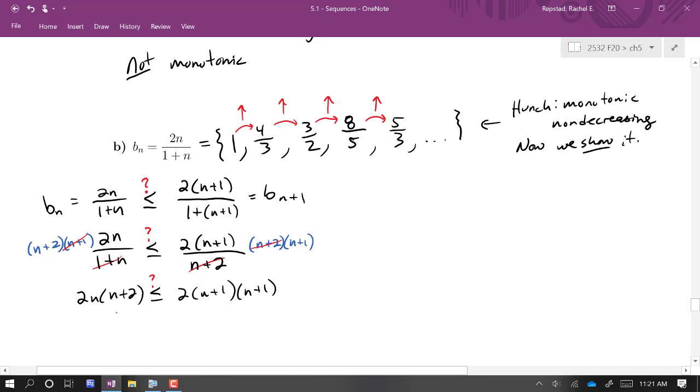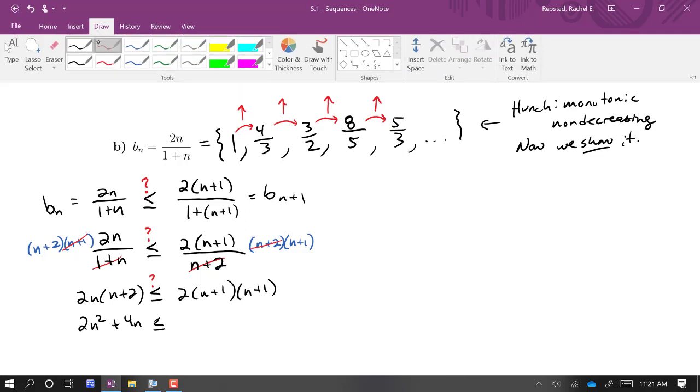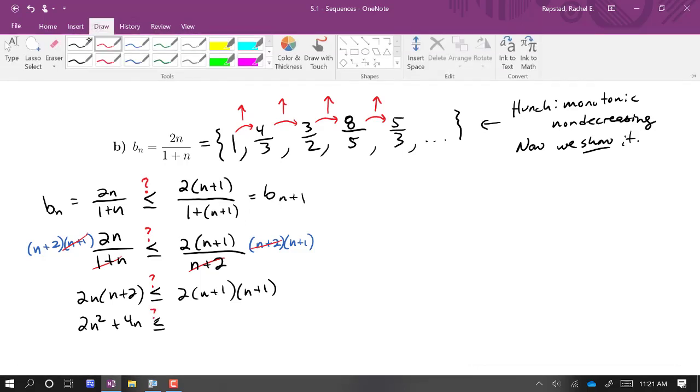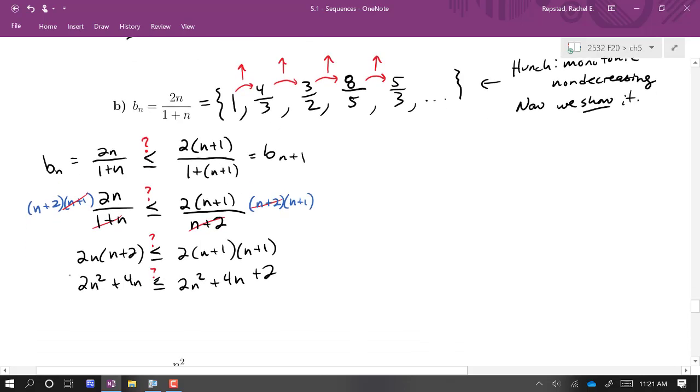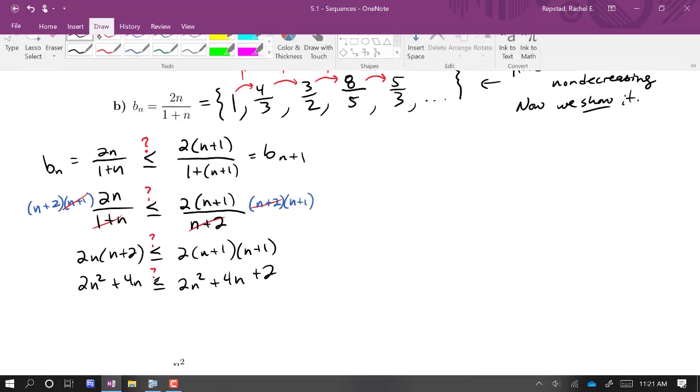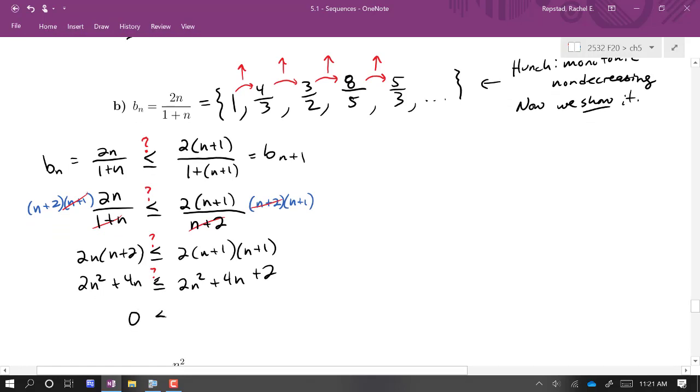So let's just expand these out. On the left side I got 2n squared plus 4n, and I want to know, is this less than or equal to, if you multiply all this out, 2n squared plus 4n plus 2. And now if you gather all of your terms, like subtract 2n squared, subtract 4n, right, we get 0 less than or equal to 2.